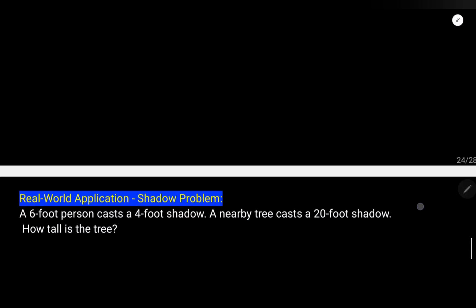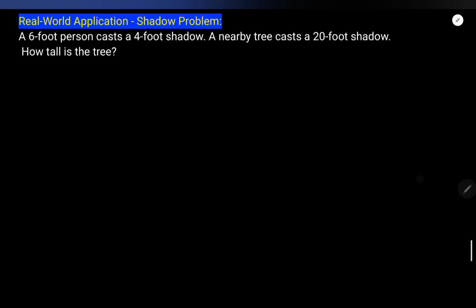Okay, after this we have one real world application. A 6-foot person casts a 4 feet shadow. Suppose this is the 4 feet shadow and this is the 6 feet person, right?